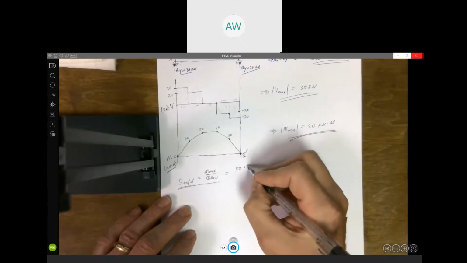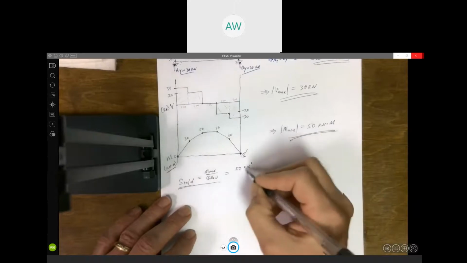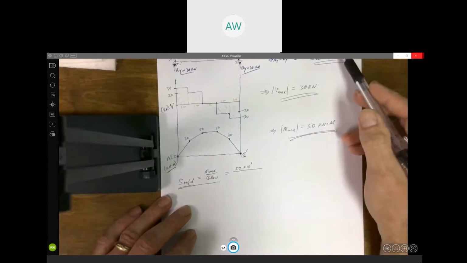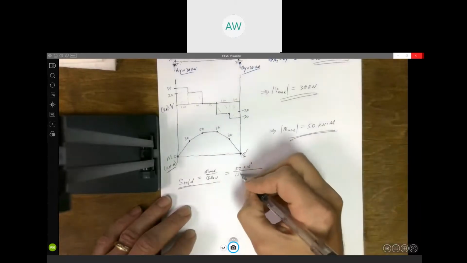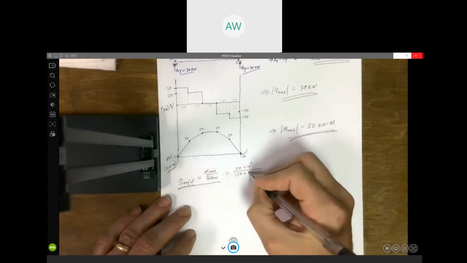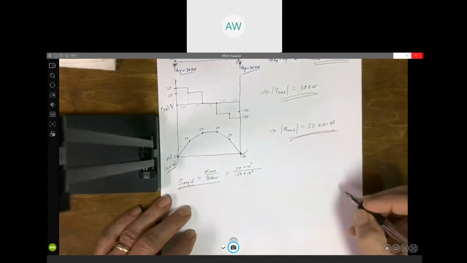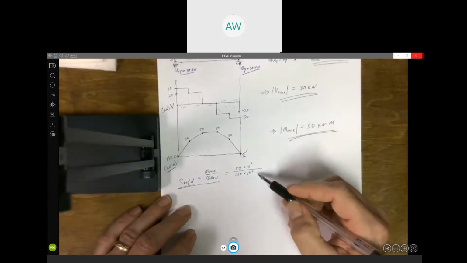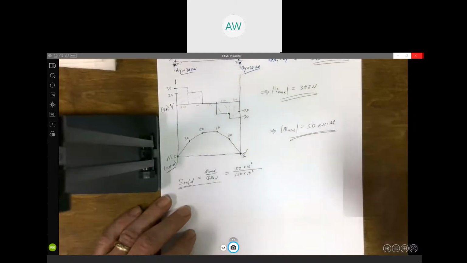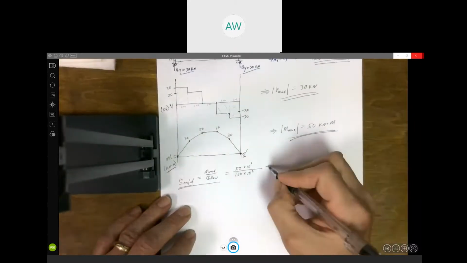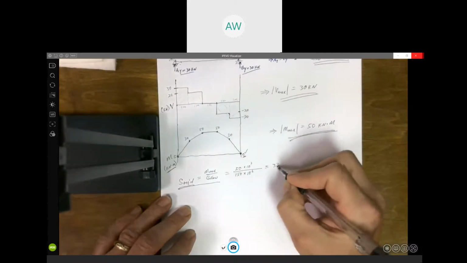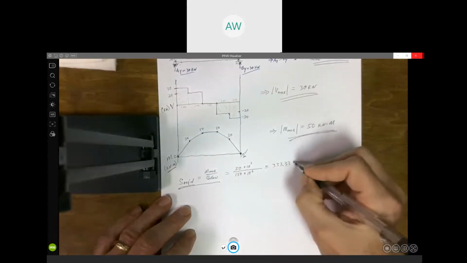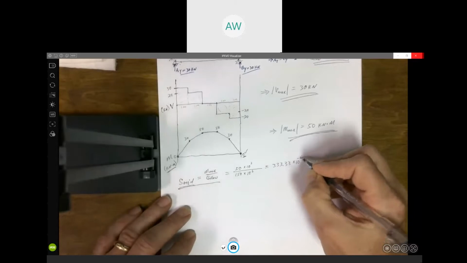I'm going to go times 10 to the third to get newton meters. Our allowable is 150 megapascals, which is 10 to the 6. Pascal is newtons per meter squared, so all my units are compatible. And so this comes out to be 333.33. We'll just stop there. Times 10 to the negative 6.